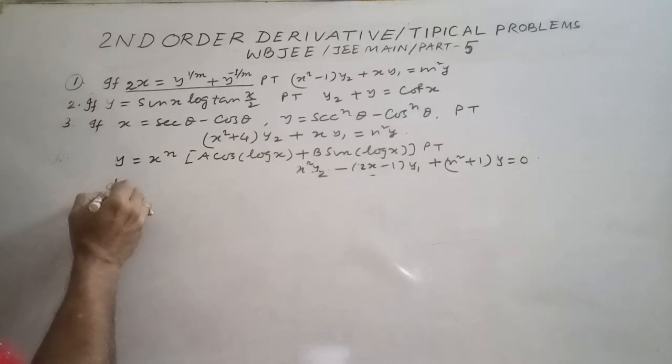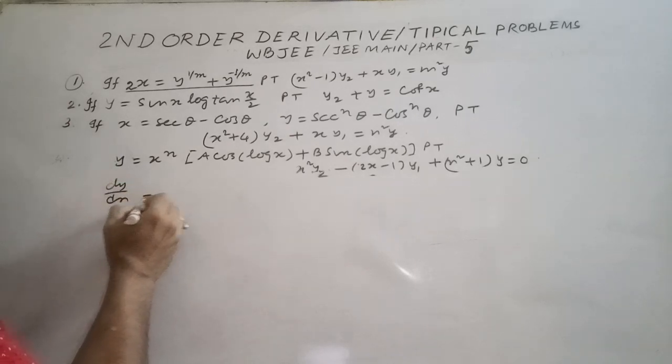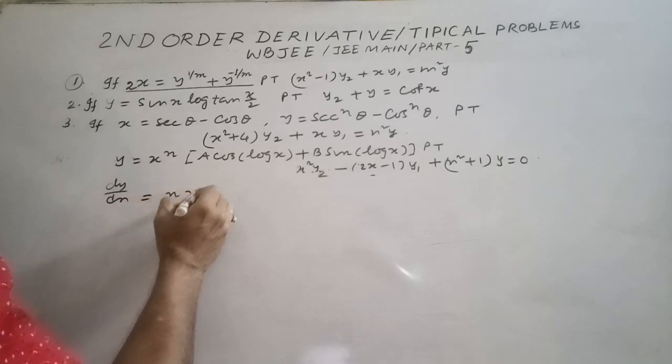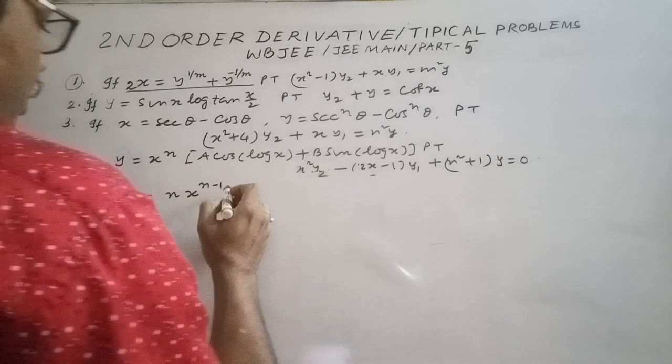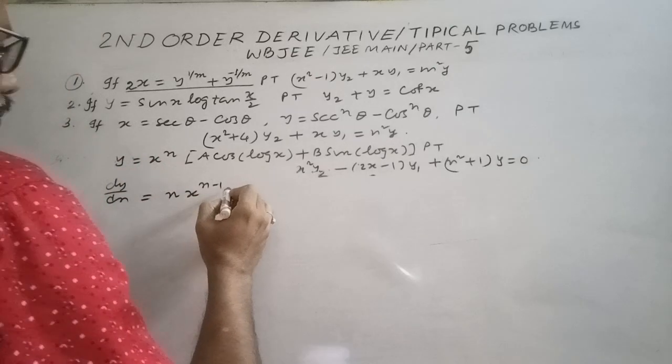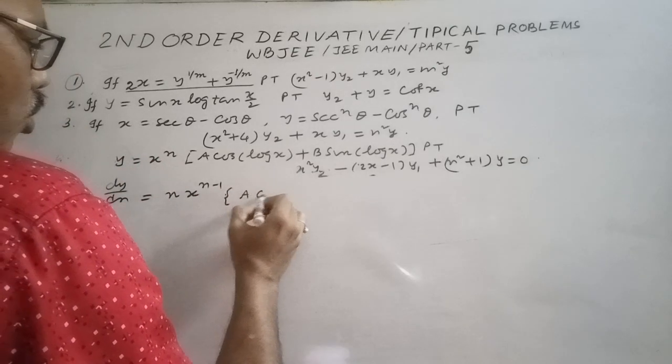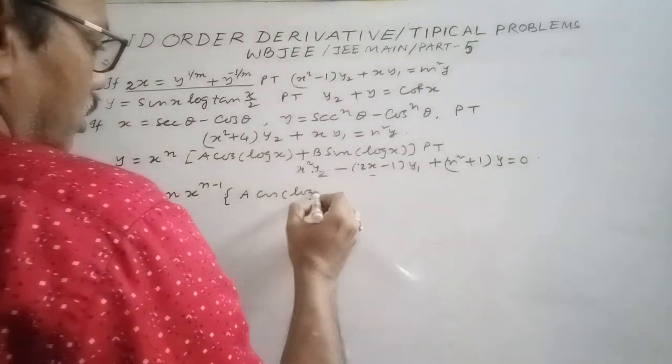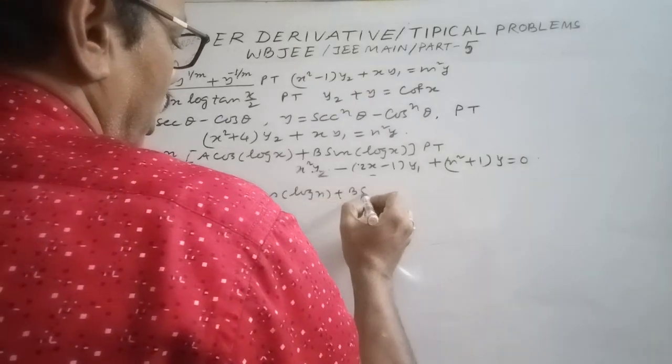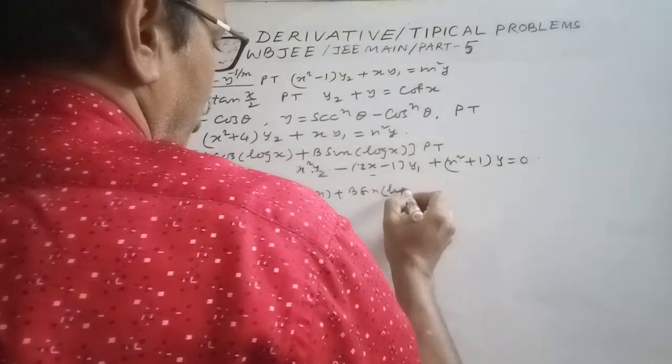So dy dx: n into x to the power n minus 1, then (a cos log x plus b sin log x) unchanged.